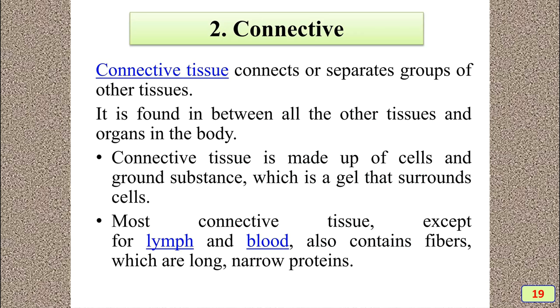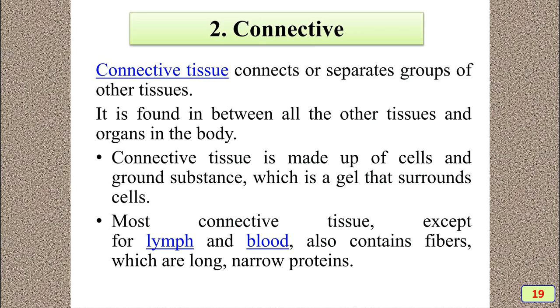They are found in between all the tissues and organs in the body. So, the function of connective tissue is that it is a gel-type material that surrounds most of the cells. So, it is a connective tissue except for lymph and blood.